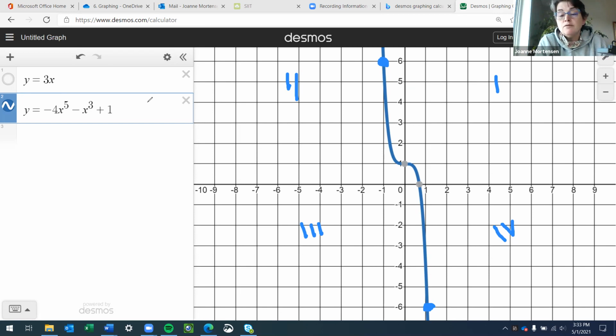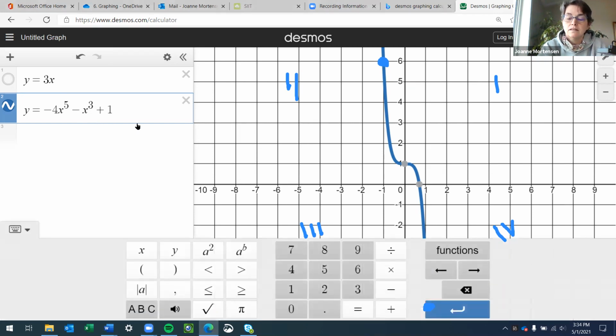What happens in the middle doesn't particularly matter. Let's see what's going to happen to my graph if I change this. Not much. It's a little change, but nothing too exciting. If I had an x squared on the end.